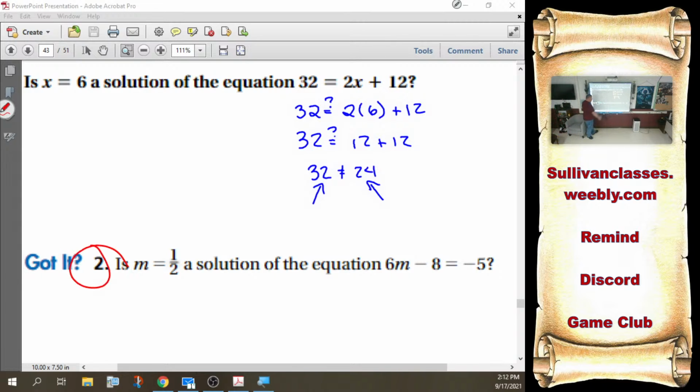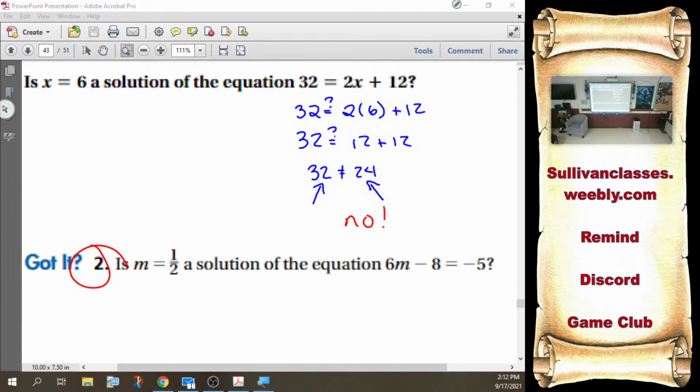So, plug it in. Oh, I suppose I should actually say, no, it is not a solution. You do too. Plug it in. Hopefully you know how to work with fractions. If it's more comfortable for you, because it's a terminating decimal, I'm okay with that.